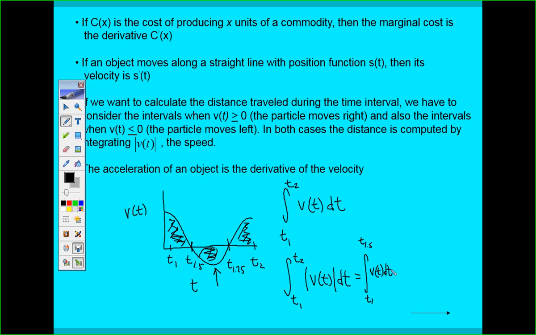That would give us the first portion, but then we would take t sub 1.5 to t sub 1.75 and find the absolute value. So we could add this, and then we would add in the last interval, and this would give us our total distance traveled on that interval.